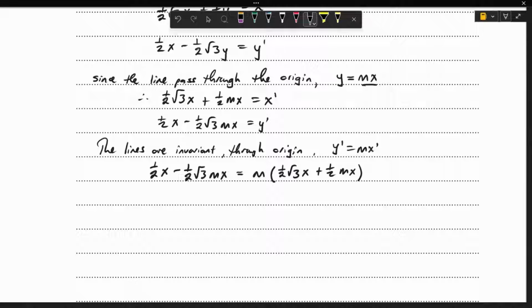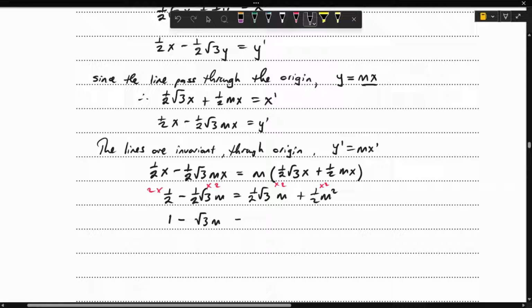All the terms are divisible by x, so we're left with half minus half root 3 of m equals, expanding the brackets, half root 3 of m plus half m squared. Now I'm going to multiply each term by 2, and we'll be having 1 minus root 3 of m is equal to root 3 of m plus m squared.